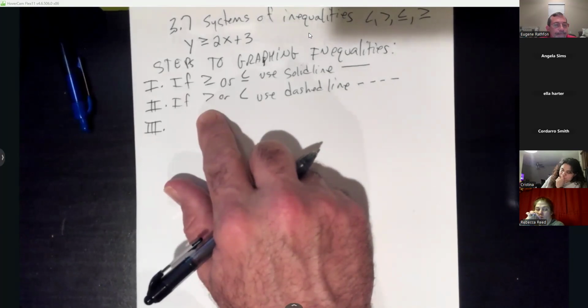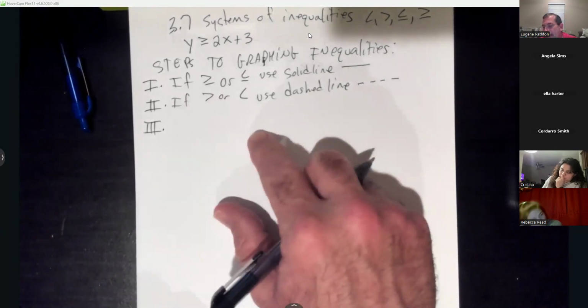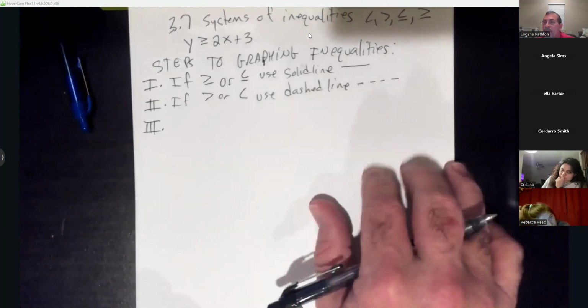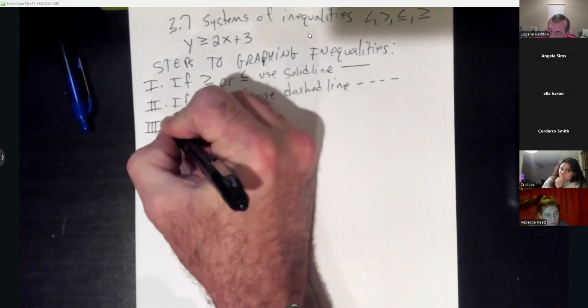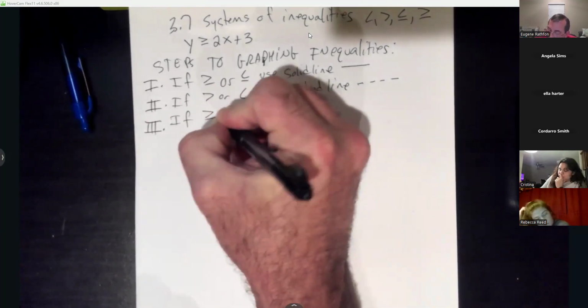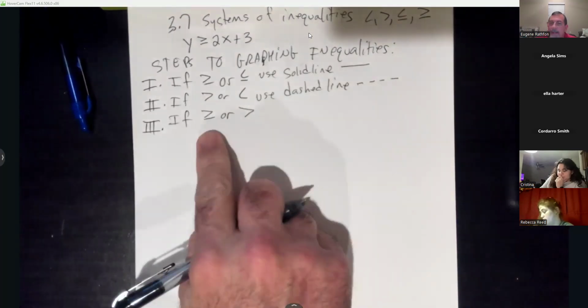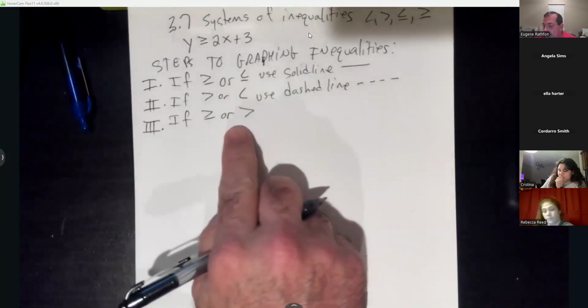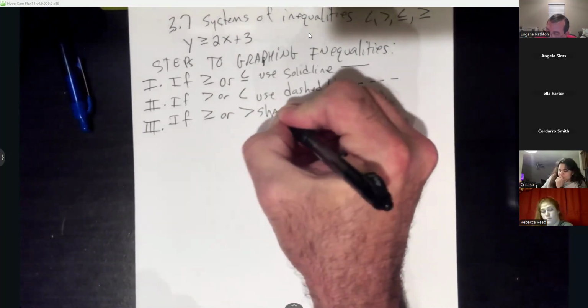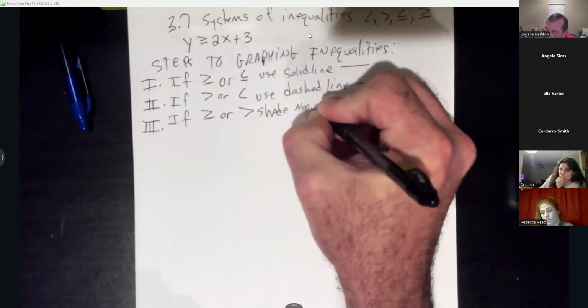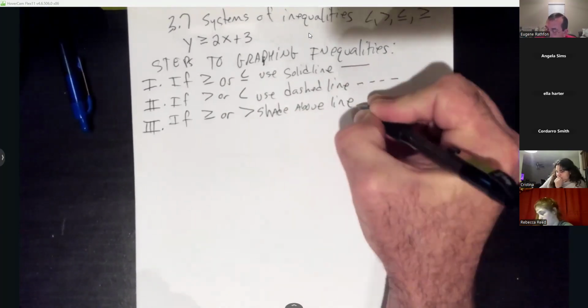So now y'all, you'll see when we're actually starting to play with them, we got to figure out how to shade, because remember the shaded section will be all the answers. So if it's greater than or equal or greater than, if it is greater than, I will shade above the line.